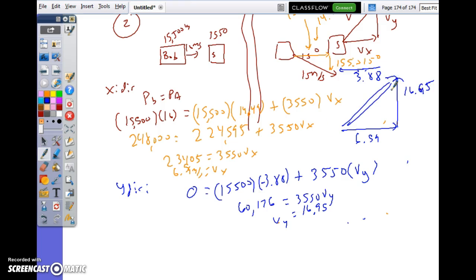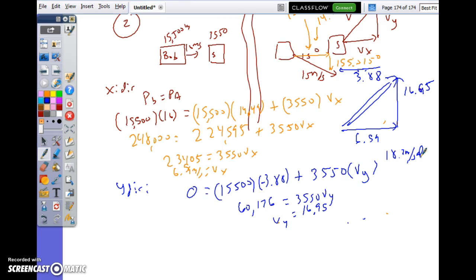So that's where I redraw it. 16.95 squared plus 6.59 squared, square root of, 18.2 meters per second at, not to give it to you this time because I asked for velocity, speed, and direction.